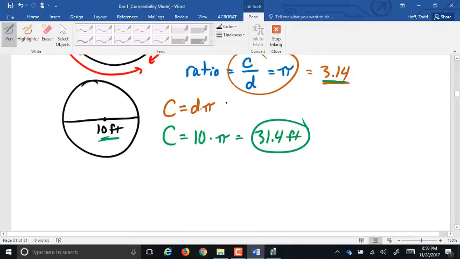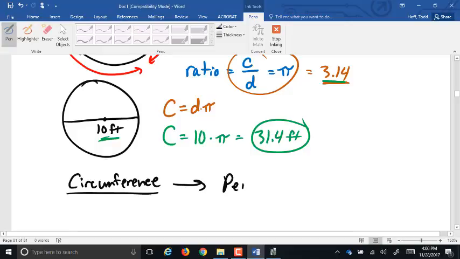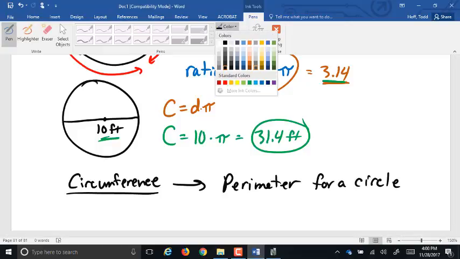Now you may have seen that the circumference is really what serves as the perimeter for a circle. And we've looked at perimeter on other shapes.